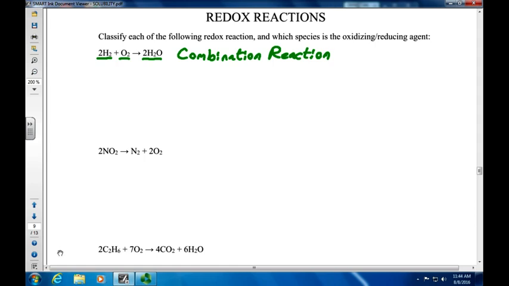The trickier component to this process is to determine what is the oxidizing agent and what is the reducing agent. In order to do that, we need to assign oxidation states. One of the rules for assigning oxidation states is any element in its natural state will have an oxidation state of 0.